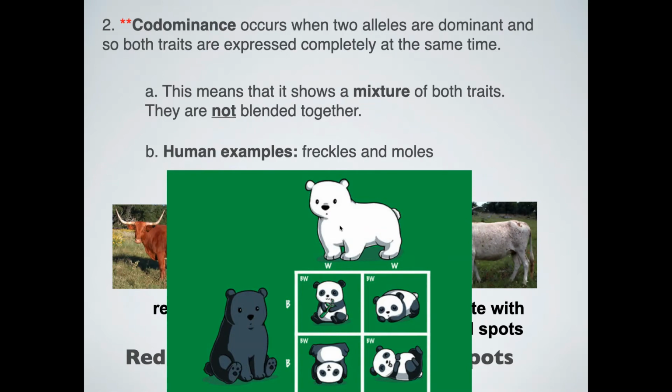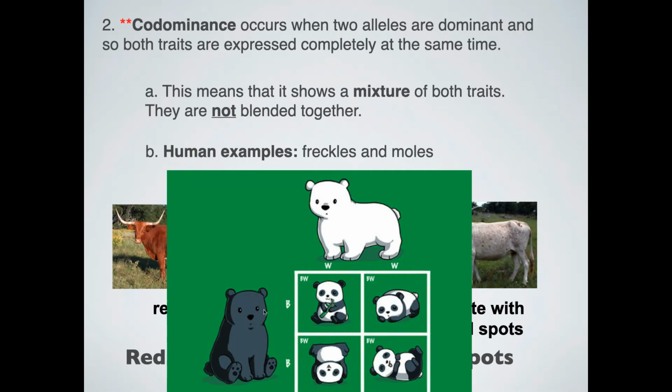It's not true, obviously, but this is a good example of codominance. So if this were incompletely dominant, all four offspring would more likely than not be gray, which is a blending of the two colors.